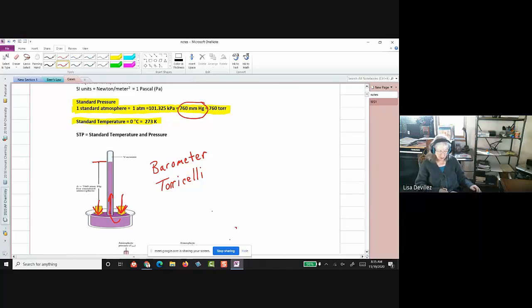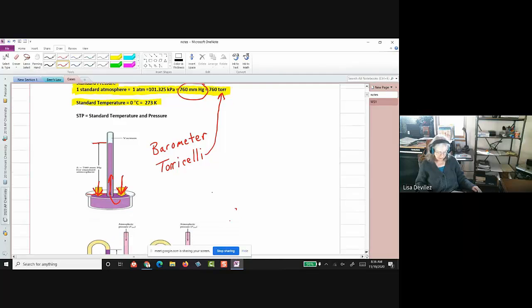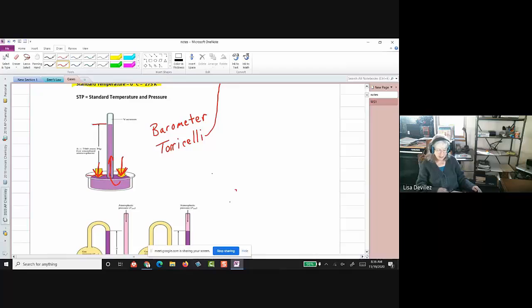In the United States, when we talk about atmospheric pressure, they use inches of mercury, and that's where it came from. That's why we have this unit of pressure. If you make a discovery in science, sometimes they name a unit after you. So this is used to measure atmospheric pressure.